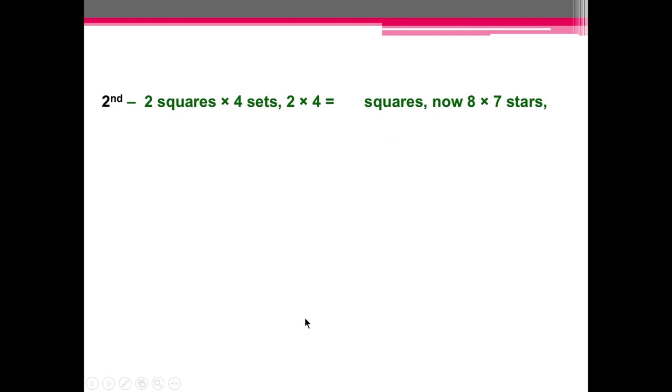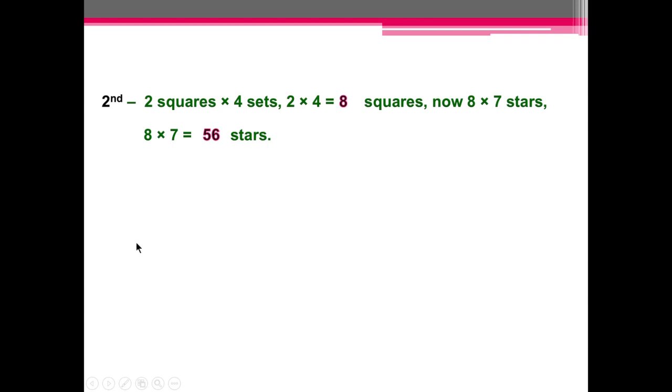Now, second way. 2 squares multiplied by 4 sets. That is 2 multiplied by 4 is equal to how many squares are there? Very good. 8 squares. Now, 8 multiplied by 7 stars. That is 8 multiplied by 7 is equal to 56 stars.